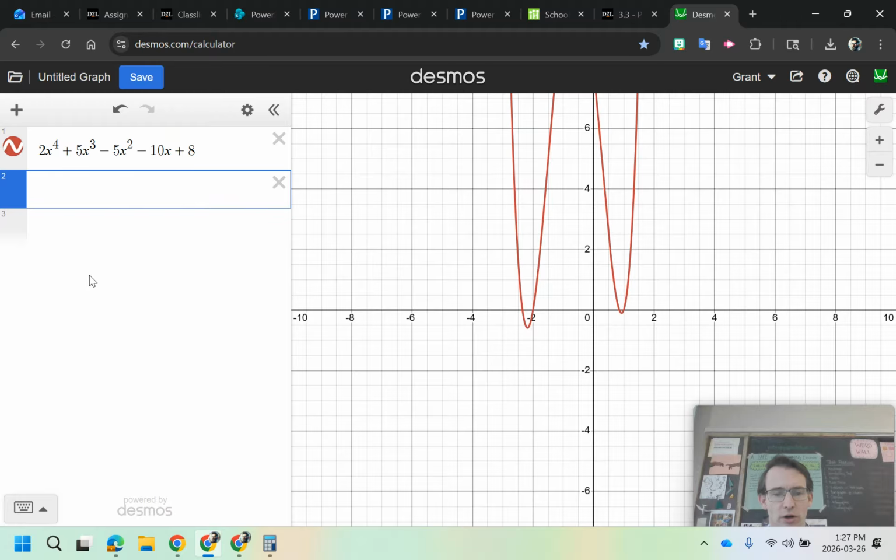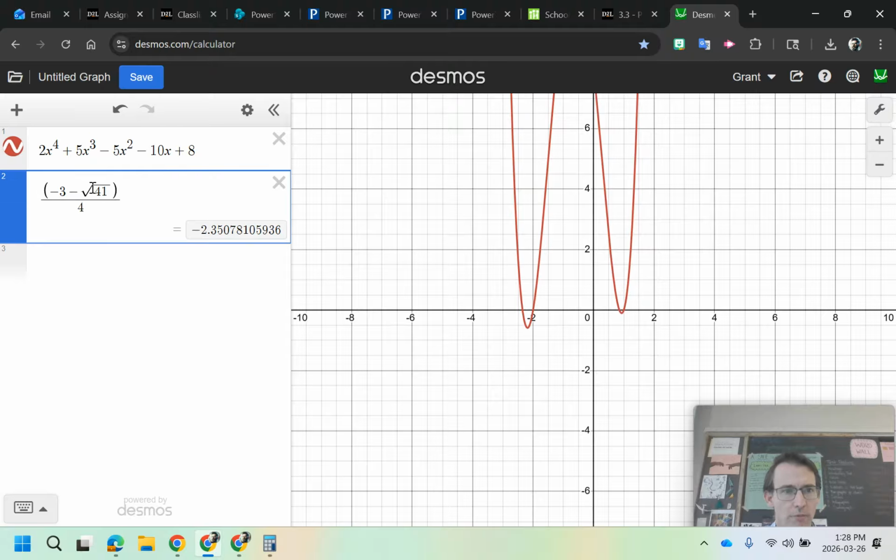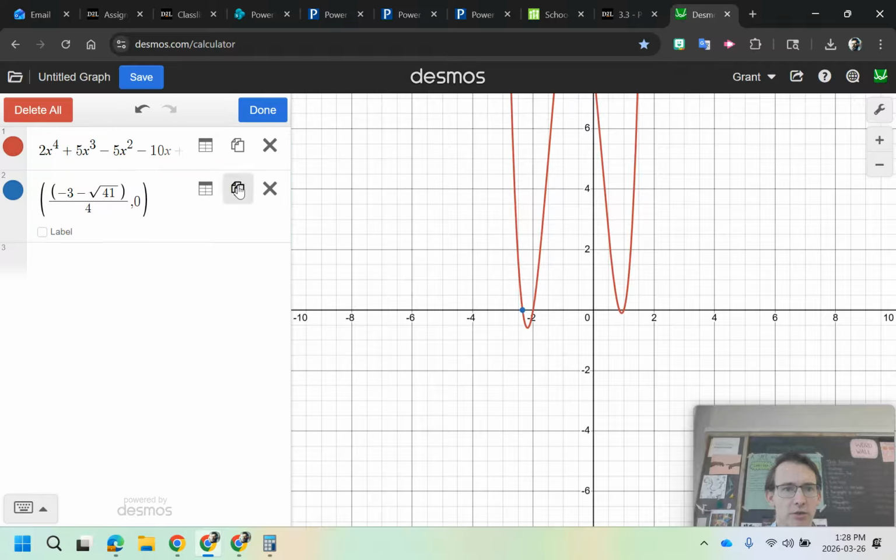Let's, for argument's sake, put in minus 3 minus SQRT as your shortcut there, 41. Put it all in brackets and put it over 4. Put a comma and then 0 for y and make that a point. And look at that, bink. Okay, and then just copy this one and swap the sign there.